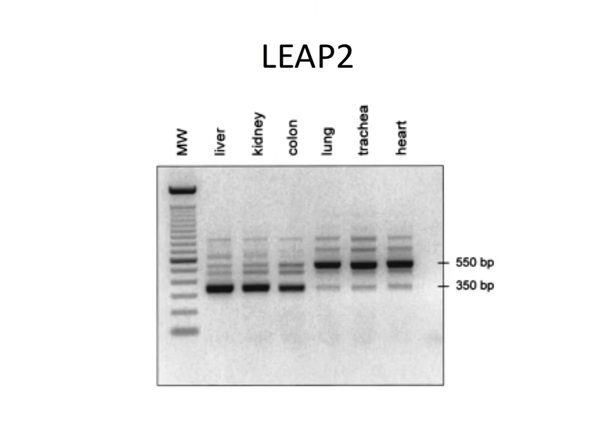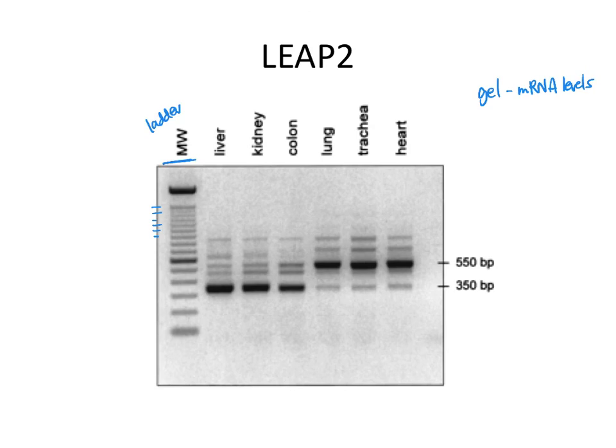Here's an example of a gel where we're looking at mRNA levels. And on the left-hand side, you can see we've got MW, that stands for molecular weight ladder. That's why we've got regular intervals here.